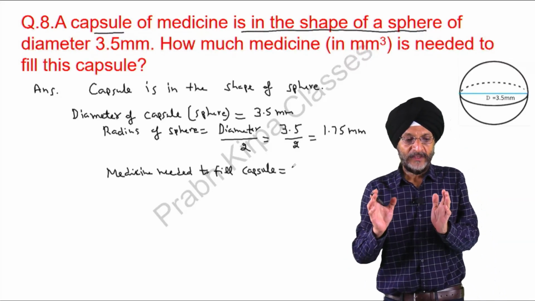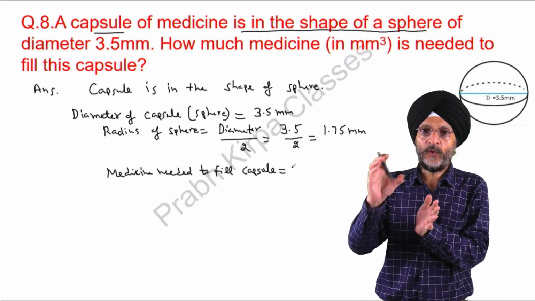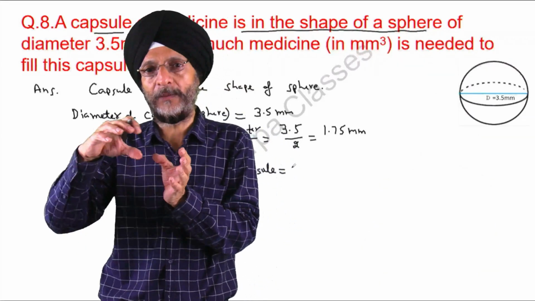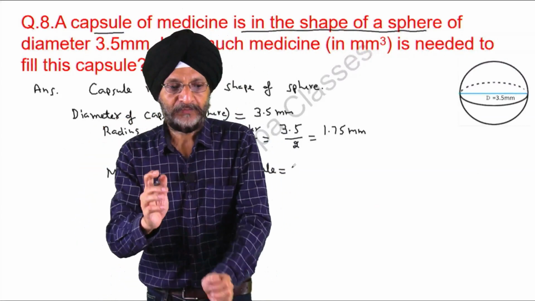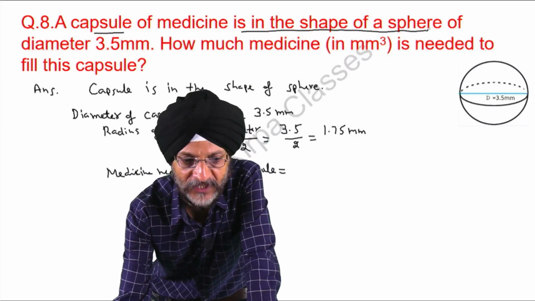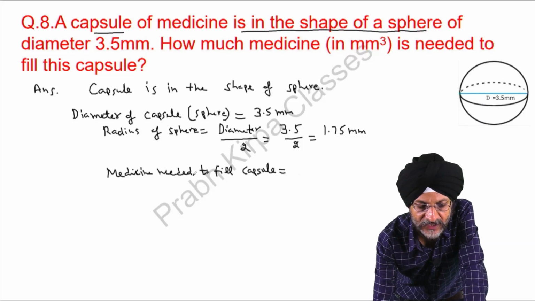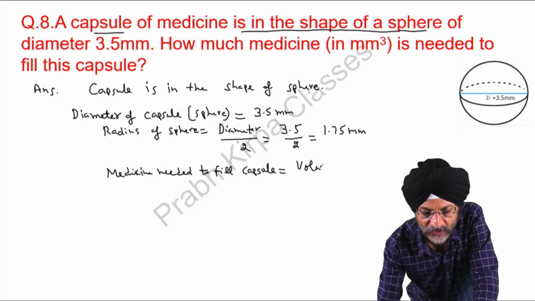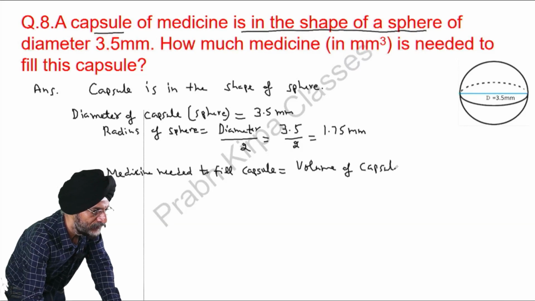We know that the volume represents the amount of material required to fill a sphere. Here the capsule is in the shape of a sphere, and the material is medicine. So the quantity of medicine needed will be equal to the volume of capsule or sphere.